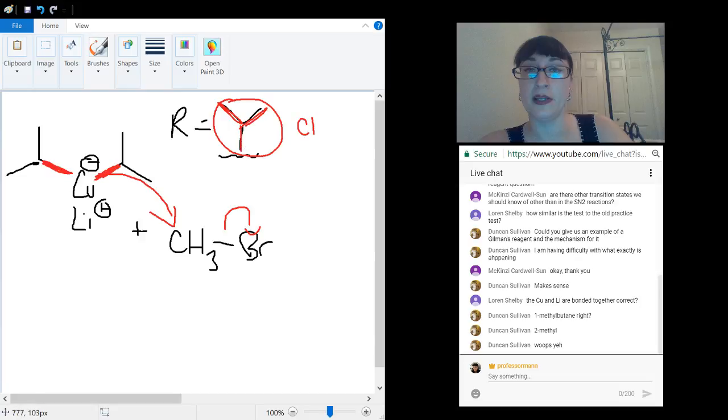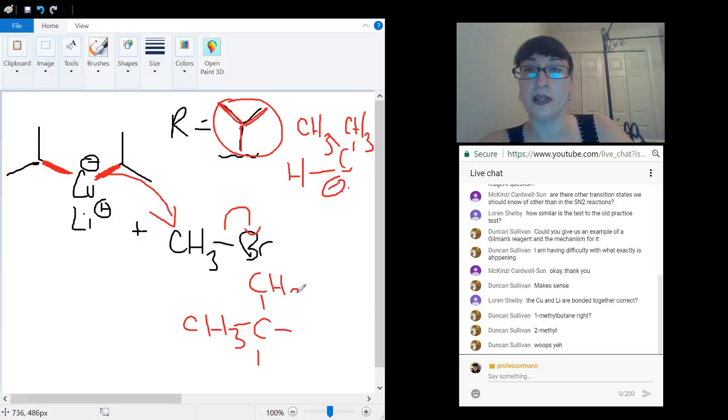Let's draw that out. It would look like that, right? So now when we add that part together, it's now going to be put with a methyl group.